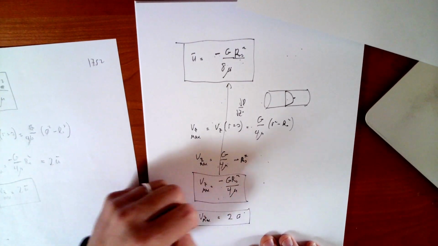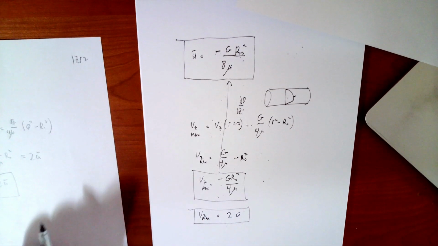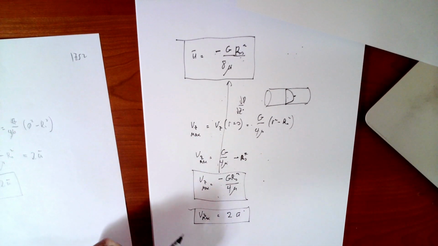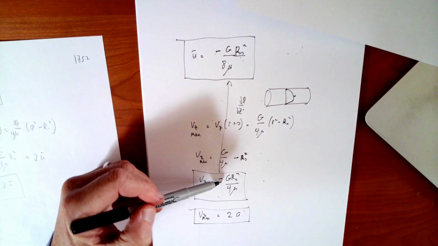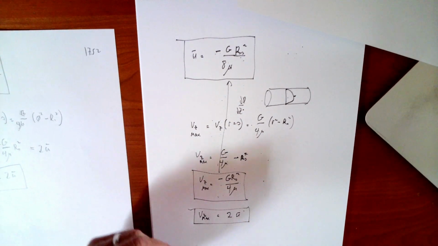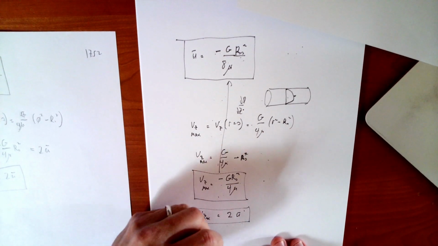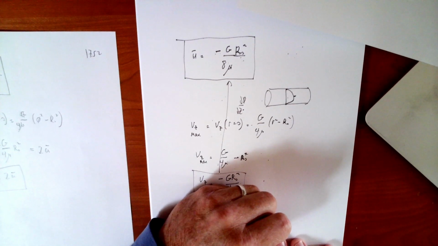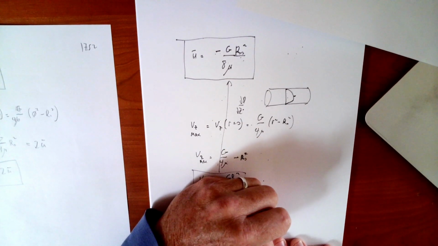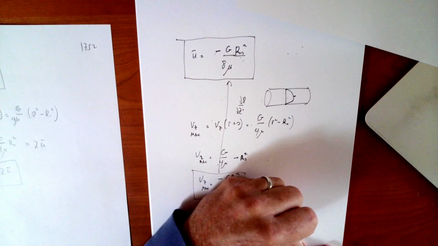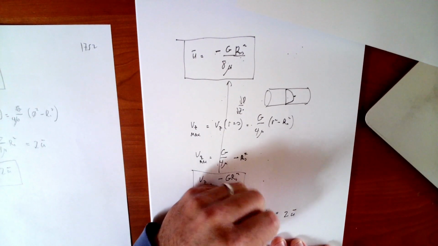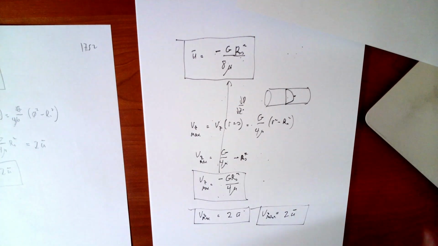So whatever your average velocity is, your maximum velocity is exactly 2 times that. And it's 2 times this gives you this. So that's how you can calculate your maximum velocity. Pretty simple. If you know the average velocity, your maximum velocity in a fully developed pipe flow is just going to be 2 times that average. Okay.